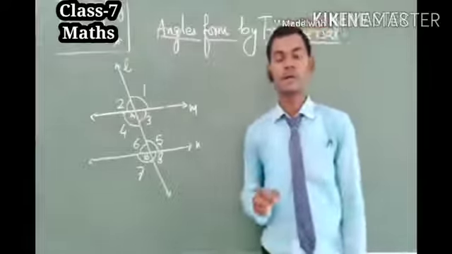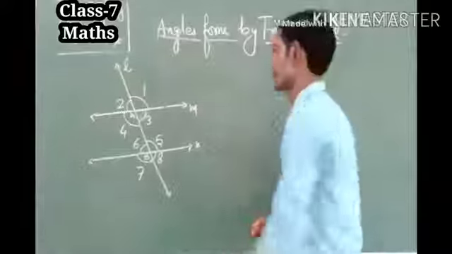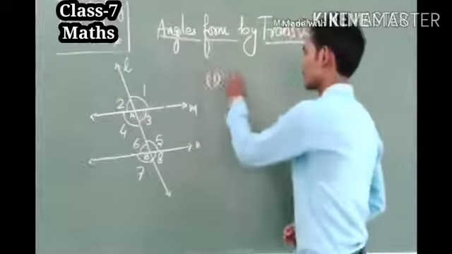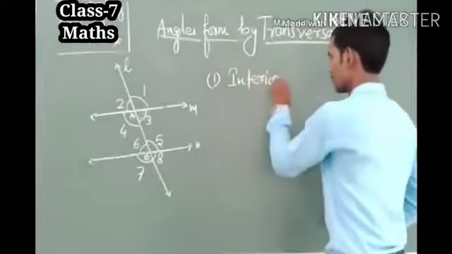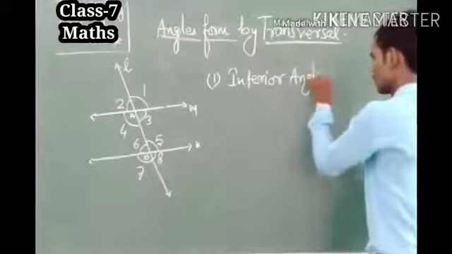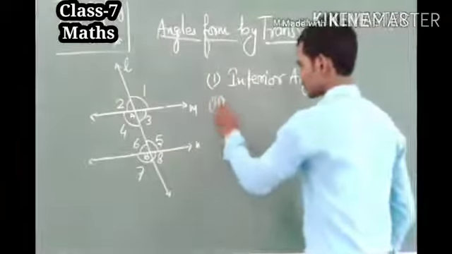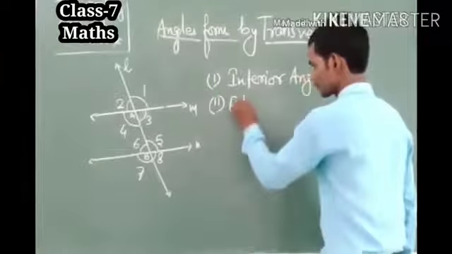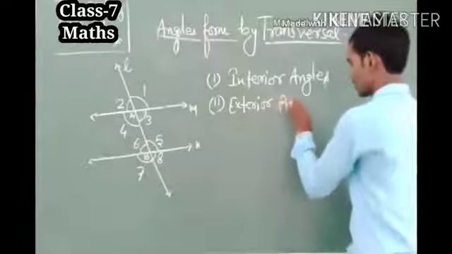There are two types of angles formed by the transversal line. The first is interior angles, and the second is exterior angles.